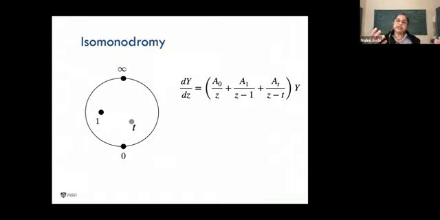Of course, if you have 3, you can put them at fixed places. Usually we choose 0, 1, and infinity for those 3. But once chosen, the 4th one can't be fixed.